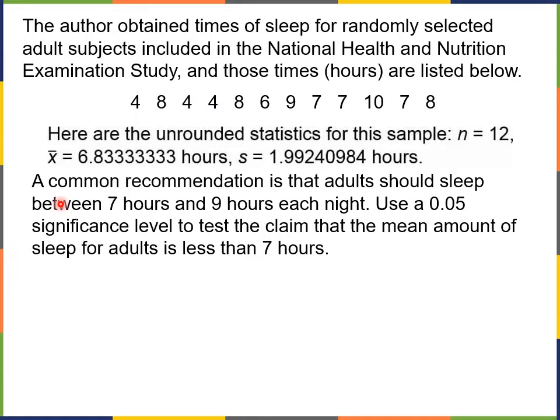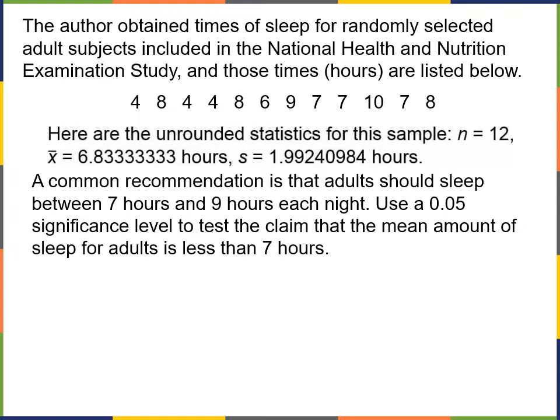So a common recommendation is that adults should sleep between 7 and 9 hours. Use a 0.05 significance level to test the claim that the mean amount of sleep for adults is less than 7 hours. All right? So what do we need here? What we need first is the original claim.